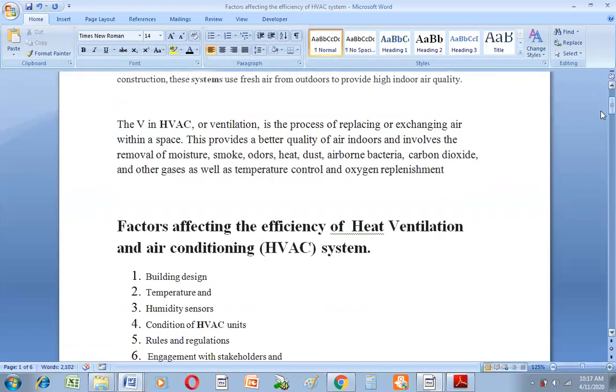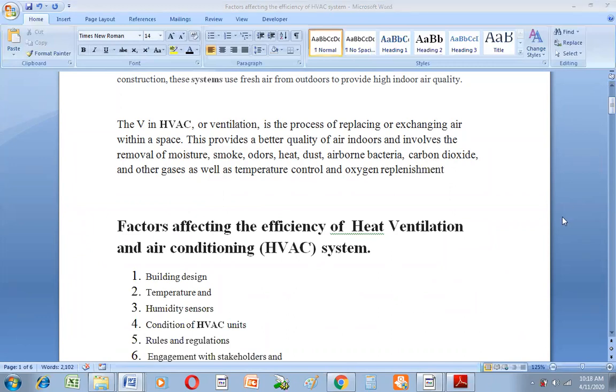Along with that, there are some filters. They remove smoke, odors, heat, dust, or some airborne bacteria from the air and keep the air inside clean. So it is used in large malls, cinema theaters, large buildings, etc.